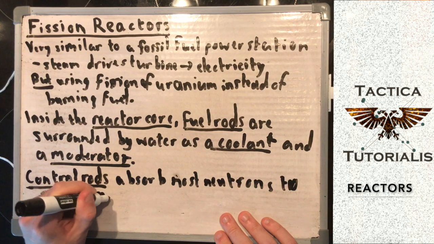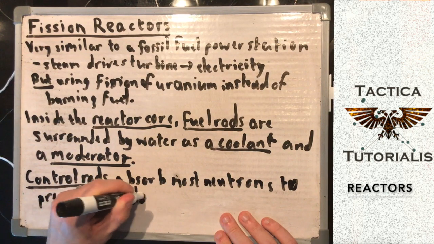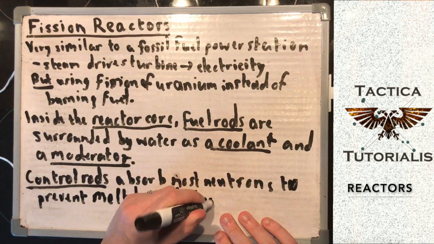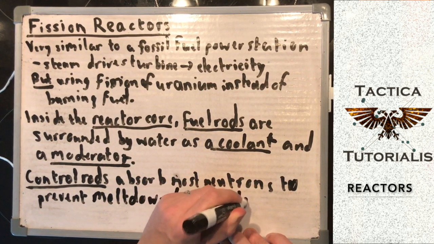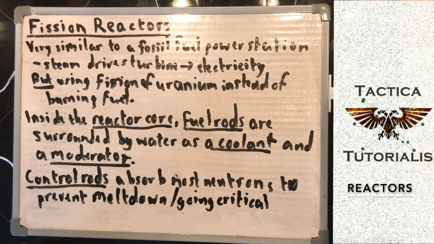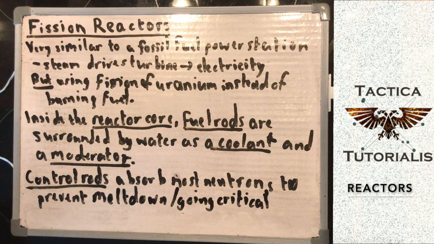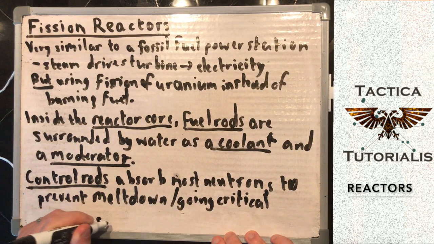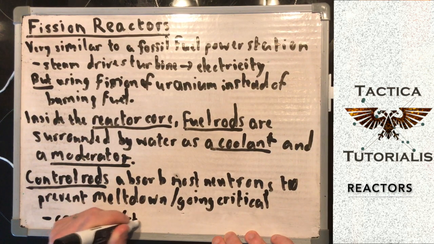I think the best term we use for a reactor is a meltdown or going critical. So if a reactor goes critical and has a meltdown, well, you get Chernobyl and things like that. Generally, they're not as bad as Chernobyl. Chernobyl is a catalogue of catastrophes. I might tell that story one day. But it's basically there to prevent the chain reaction from going out of control. It creates what we call a steady state reaction.